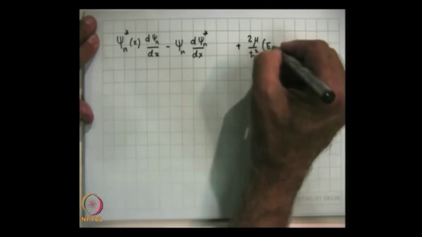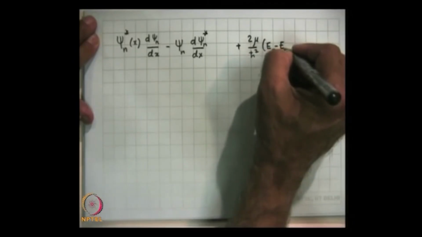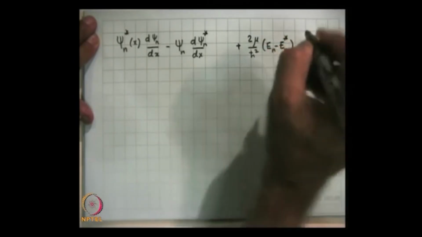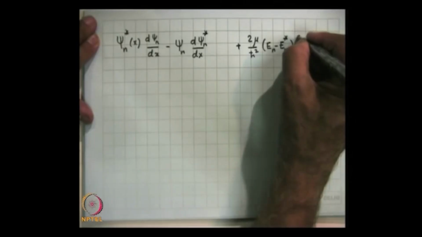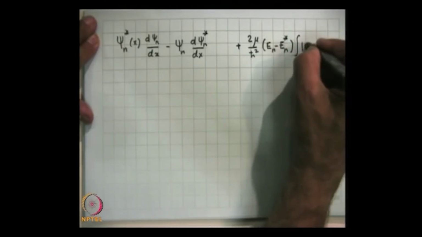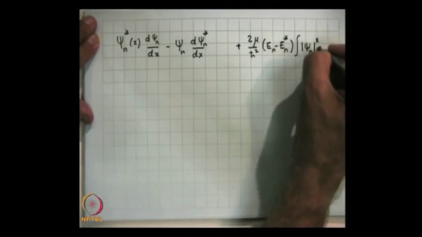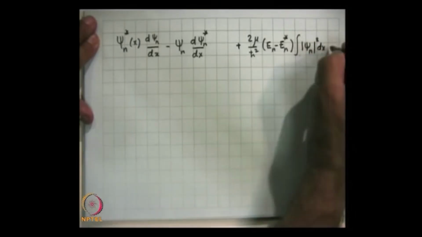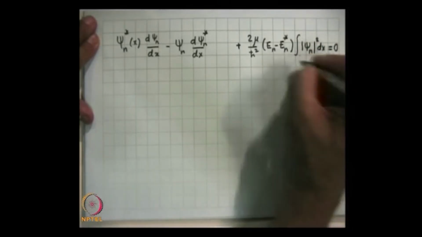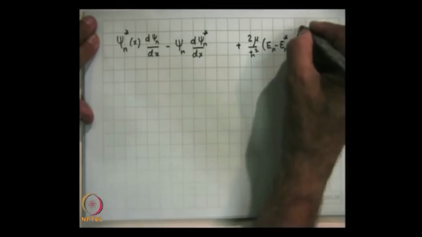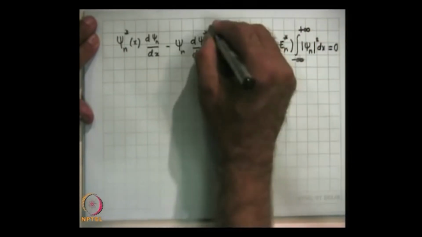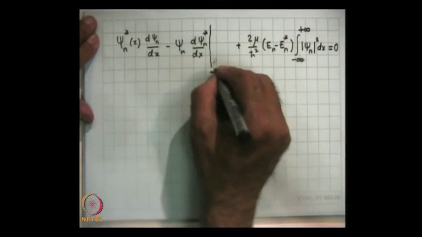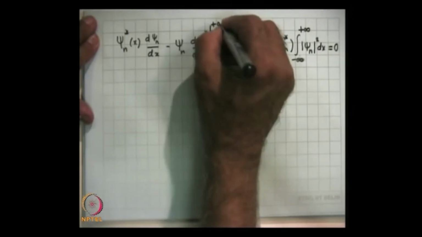I can take this outside, and then integral mod psi n square dx. So, this is equal to 0. I take the limits from minus infinity to plus infinity.